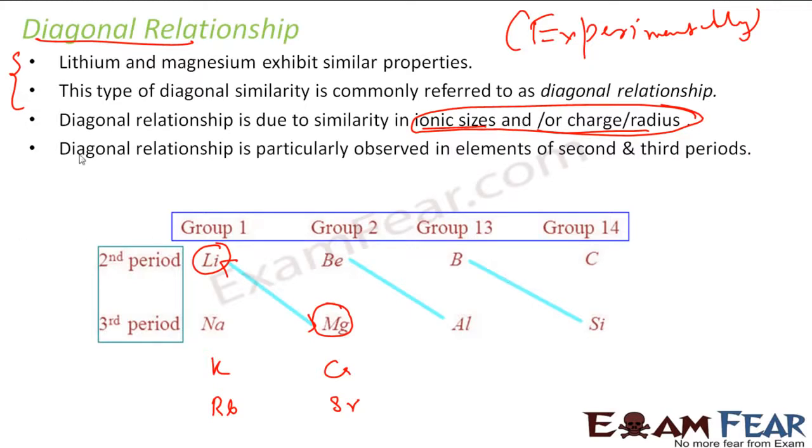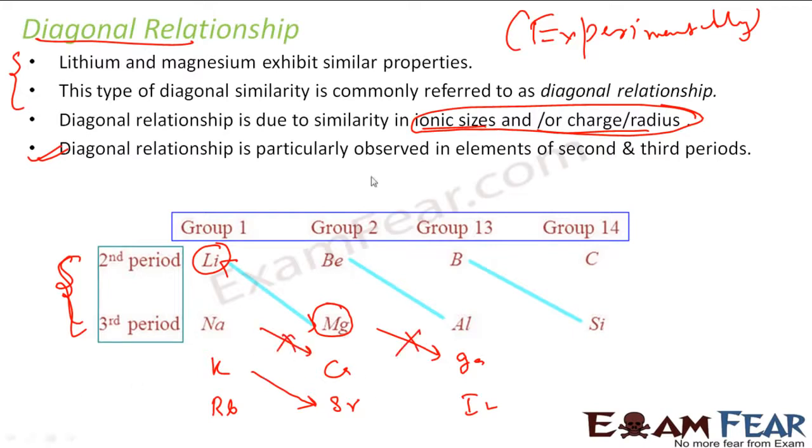Also please note here that this is observed mostly in second and third periods only. It is not that potassium has diagonal relation with calcium, right? That is not there. Or here, if you see, you get gallium, here you get indium. So it is not that magnesium will have diagonal relation with gallium or sodium with calcium.